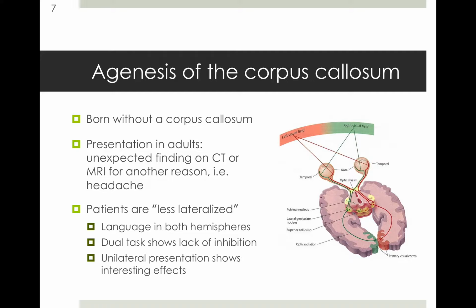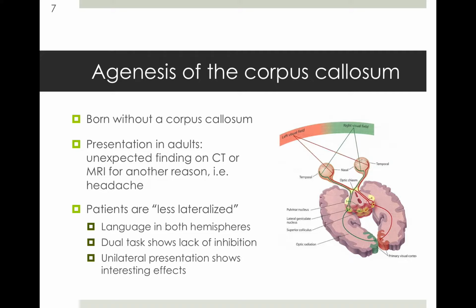And again, like I said, in dual task situations, when you're given two cognitive tests at the same time, most people show a detriment in performance, which is an effective inhibition. People without a corpus callosum show a lack of inhibition, right? So they're actually able to do both things at the same time.